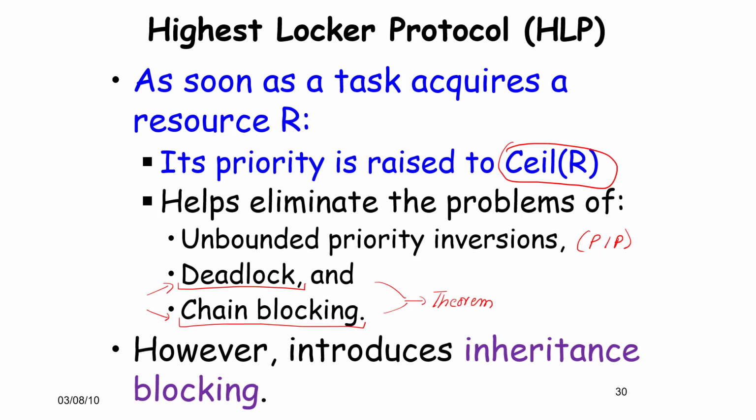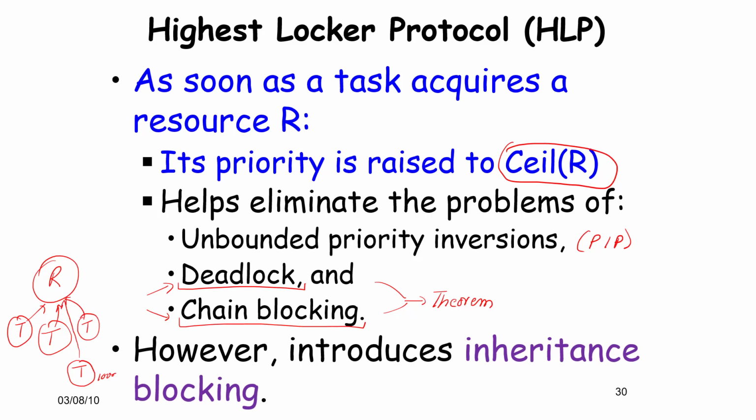In PIP, the way the priority was being boosted was we were taking a look at all the tasks that are currently waiting on a resource, and among them, finding the one with the highest priority and then boosting the priority of the resource holder to that. That was still fine, but let's assume in this case there is some task which may acquire the resource or may not, depending upon runtime values, and its priority is very high, let's say 1000.